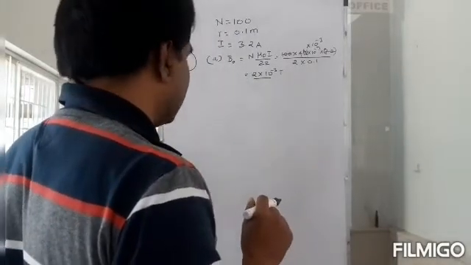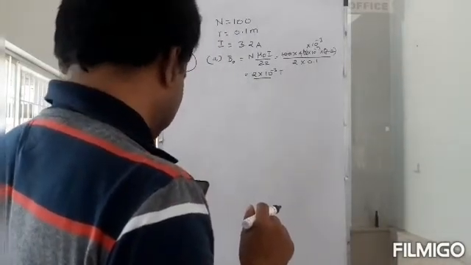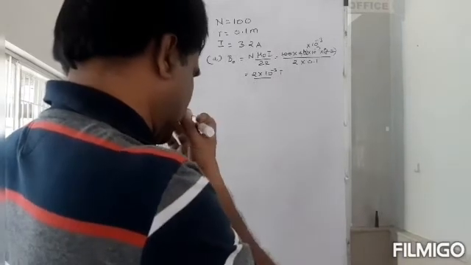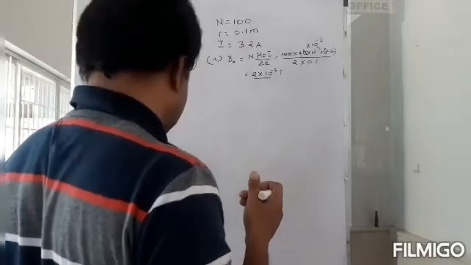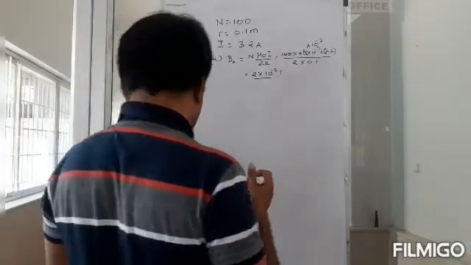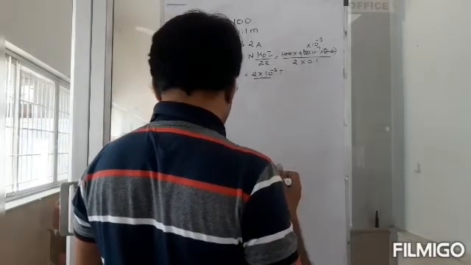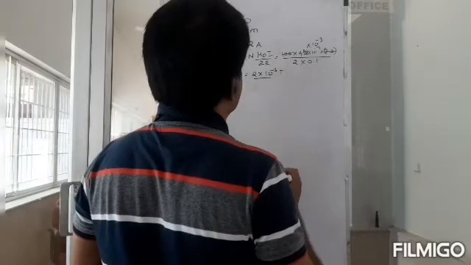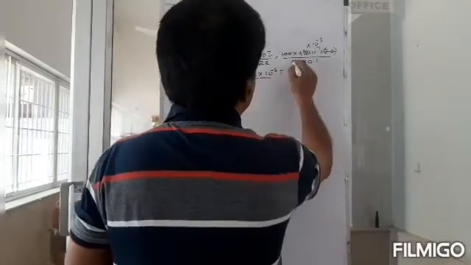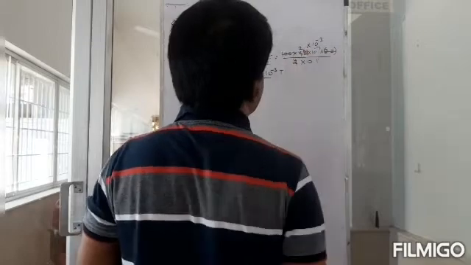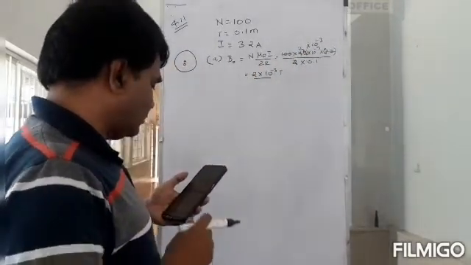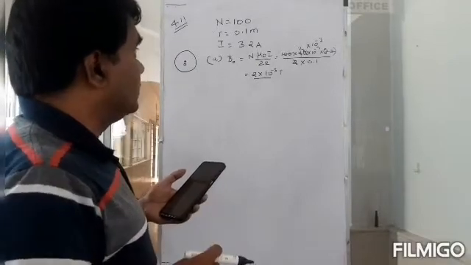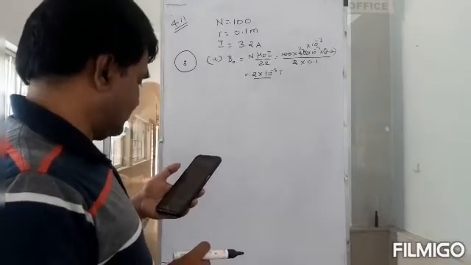So then what happens here? So this is going to be 2. So 2 into 10 power minus 3.